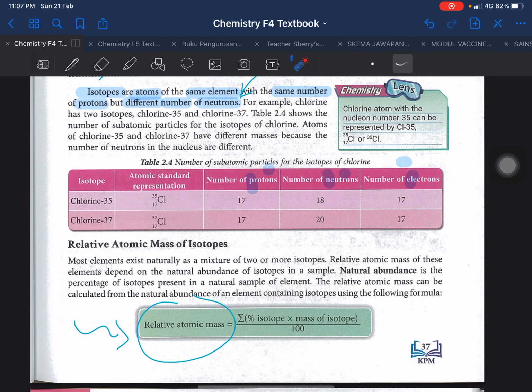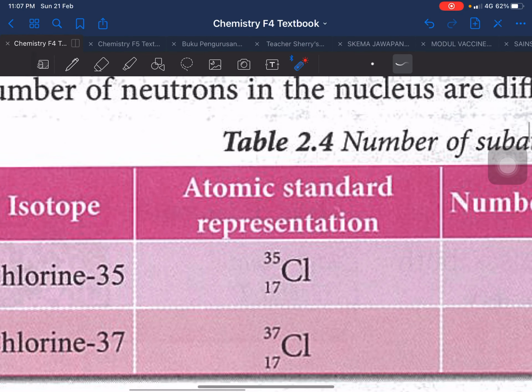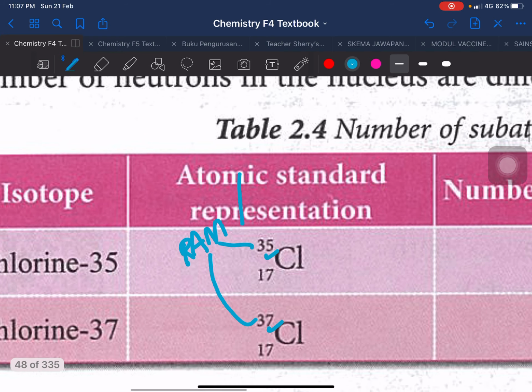Okay, so let's look at how to count the relative atomic mass of isotopes. What is relative atomic mass? Okay, this is the relative atomic mass. So, cikgu summarises here. This number up here is not the relative atomic mass but is known as the nucleon number.